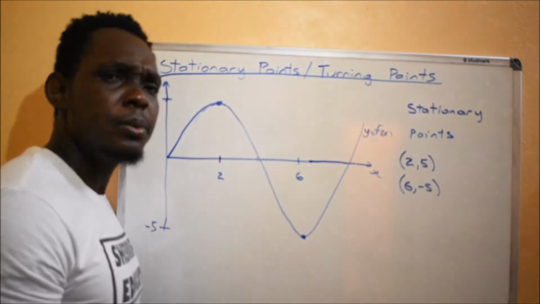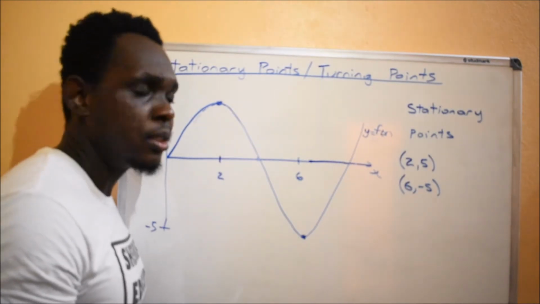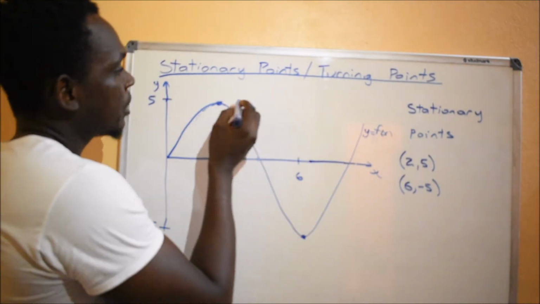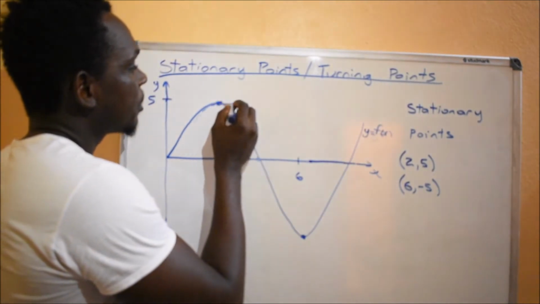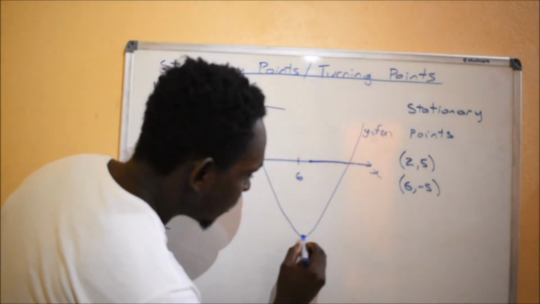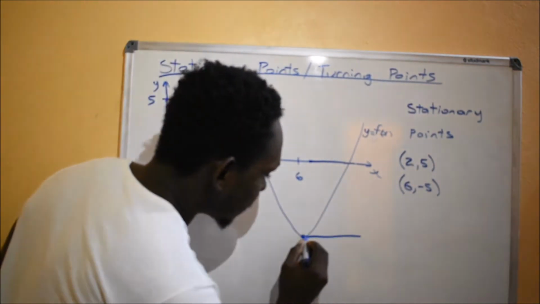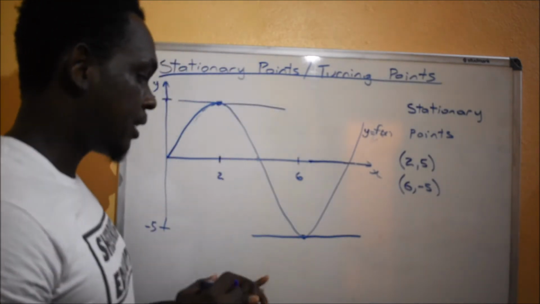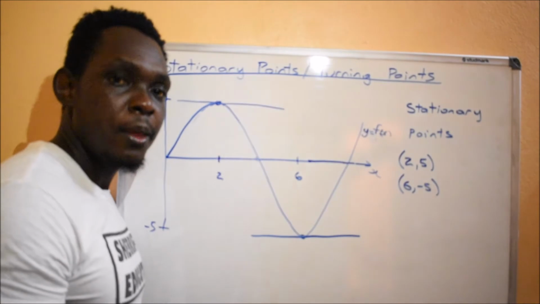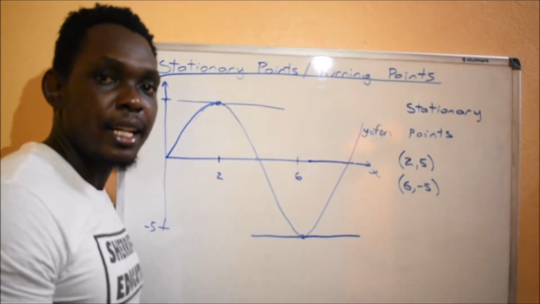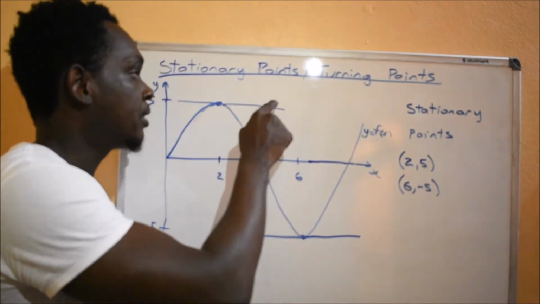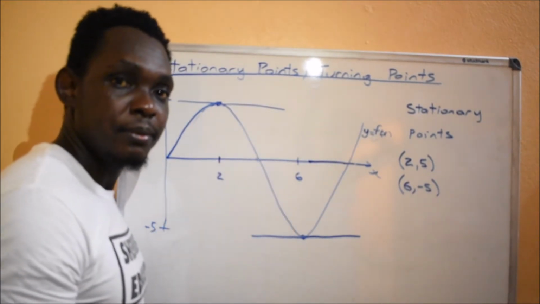Now, how do we determine our stationary points? If we were to draw tangents at the stationary points, you'll realize that these tangents are horizontal. And this tells us that the gradient at our stationary points is 0.